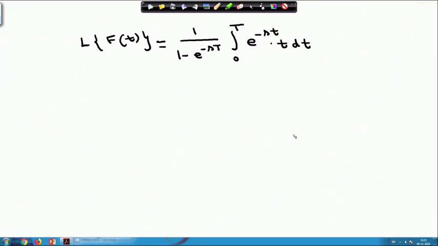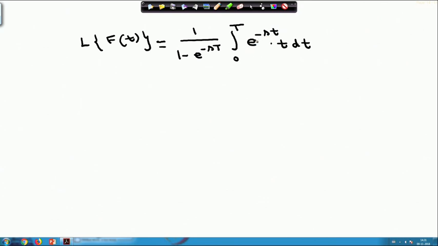So, effectively I only have to evaluate the integral, nothing else. Using the earlier theorem, I can write 1 by 1 minus e power minus s into capital T, because capital T is the period of the function, times the integral from 0 to T of e power minus s t into t dt.